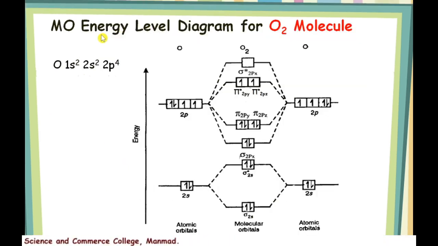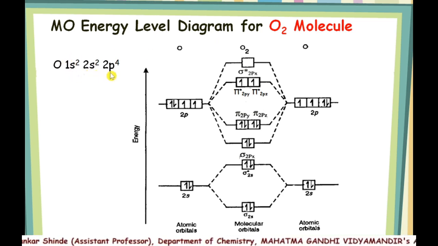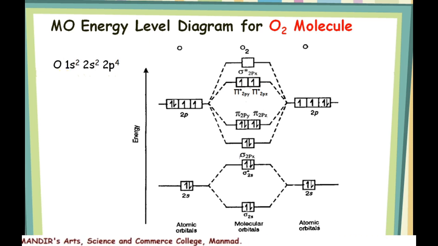Now let us see the molecular orbital energy level diagram for O2 molecule. O2 molecule is formed by combination of two oxygen atoms. Each oxygen atom has electronic configuration 1s2, 2s2 and 2p4. The 1s orbital is lower in energy, so it does not take part in the bonding, and hence the 1s orbital remains as a non-bonding orbital.